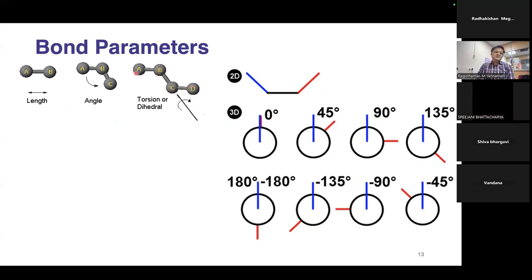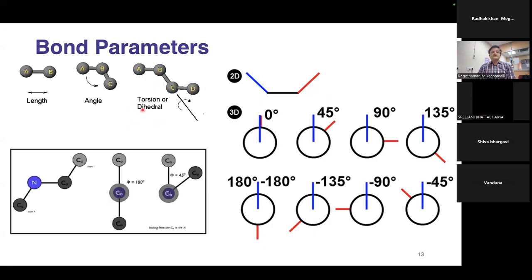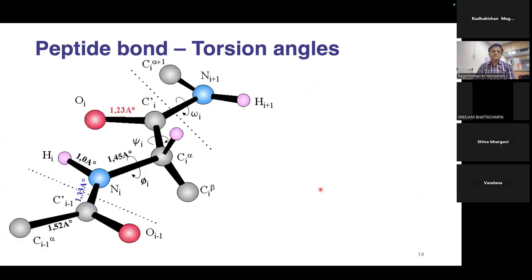So ABC is a plane, BCD is another plane. When you look at the angle made in a torsion, or a dihedral, as we call it in proteins, you have a certain degree and you have the sign, which indicates in which direction it is rotating or which particular way it can be flexible.